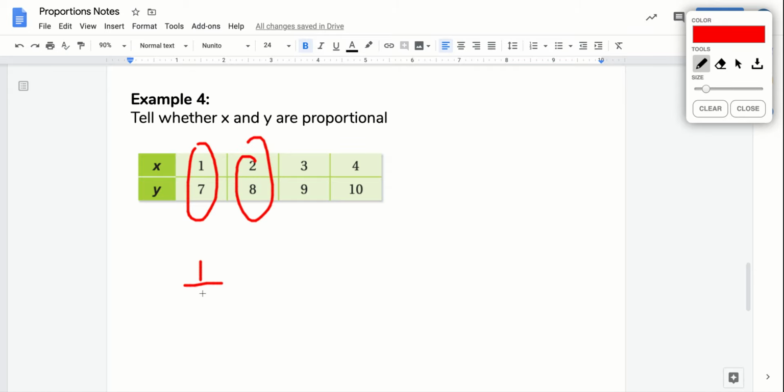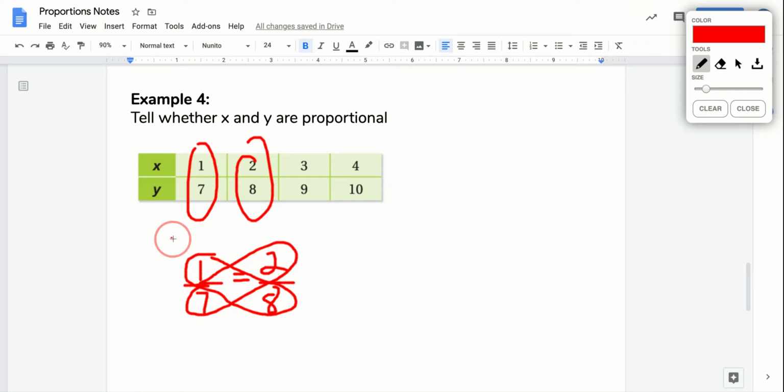So 1/7 is equal to 2/8. I'm going to cross multiply. I have 1 times 8 is 8, and 2 times 7 is 14. So that's no, because 8 does not equal 14.